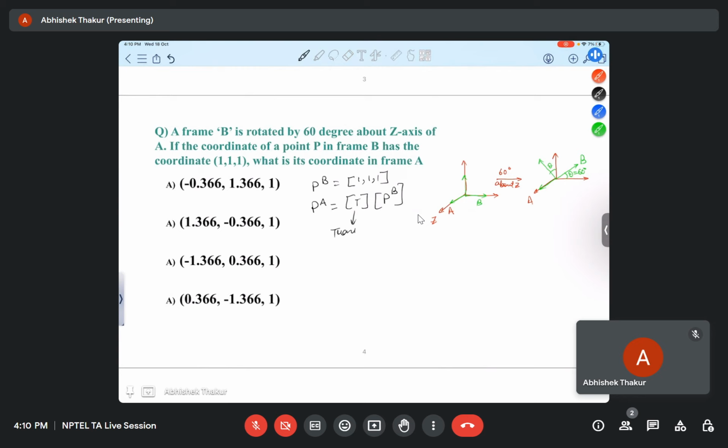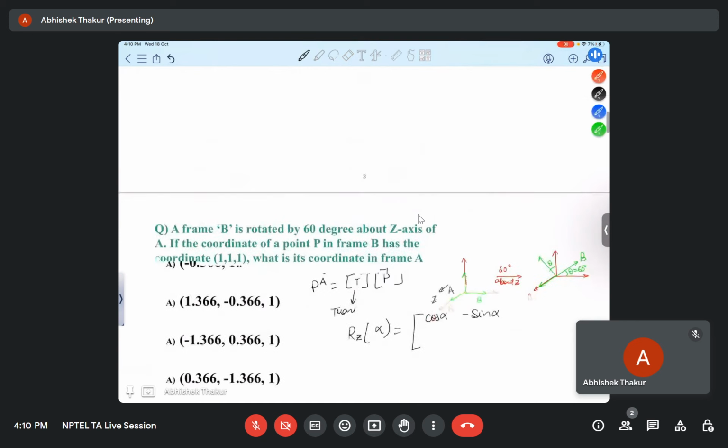We have all studied that rotation along the Z axis, that is RZ alpha, is given as cos alpha, minus sin alpha, sin alpha, cos alpha, 0, 0, 1, and these two terms will be 0, 0. You can directly do this dot product and you will get this value.